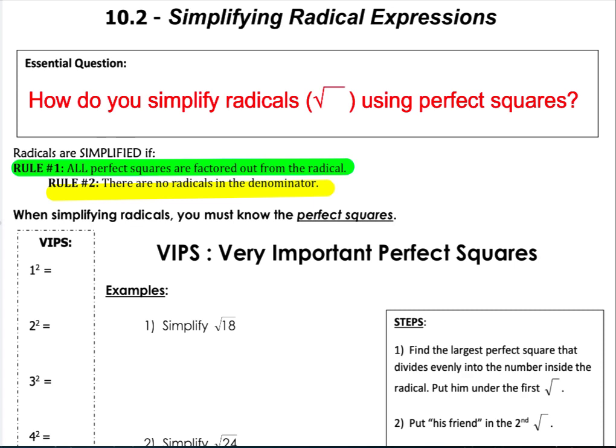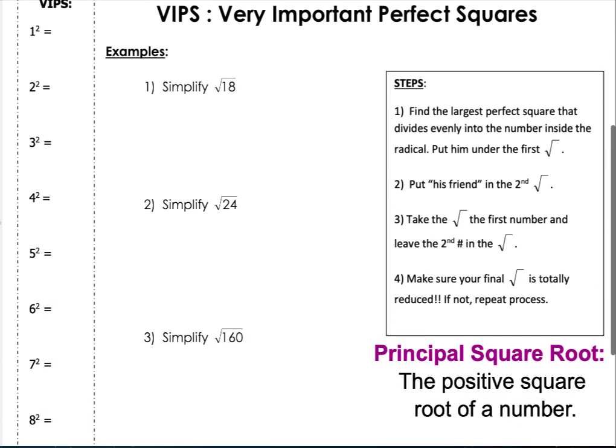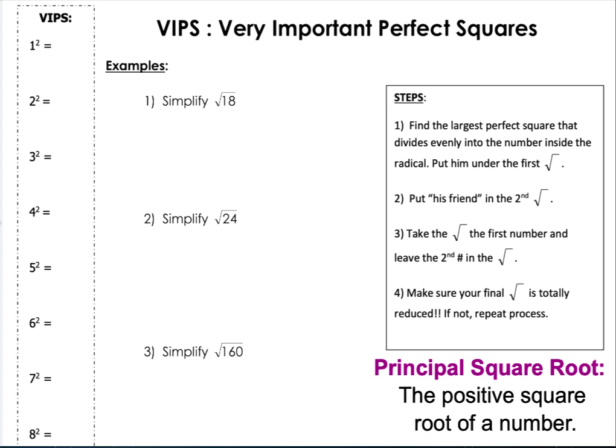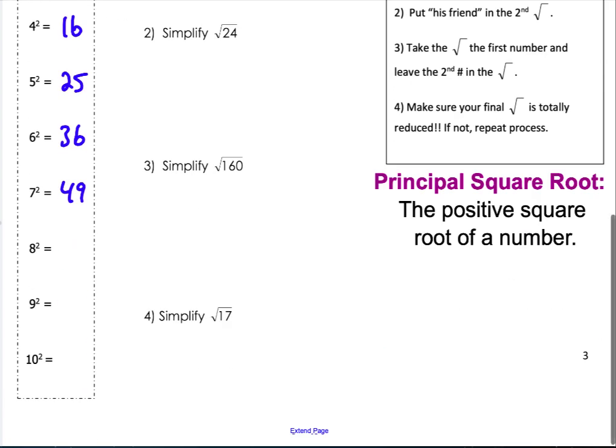On the left-hand side of our notes, we're going to fill in these very important perfect squares. These should be the ones that are just common knowledge for us. So 1 squared is 1, 2 squared is 4, 3 squared is 9, 4 squared is 16, 5 squared is 25, 6 squared is 36, 49 for my 7s, for my 8s it's 64, my 9s is 81, 10 is 100.